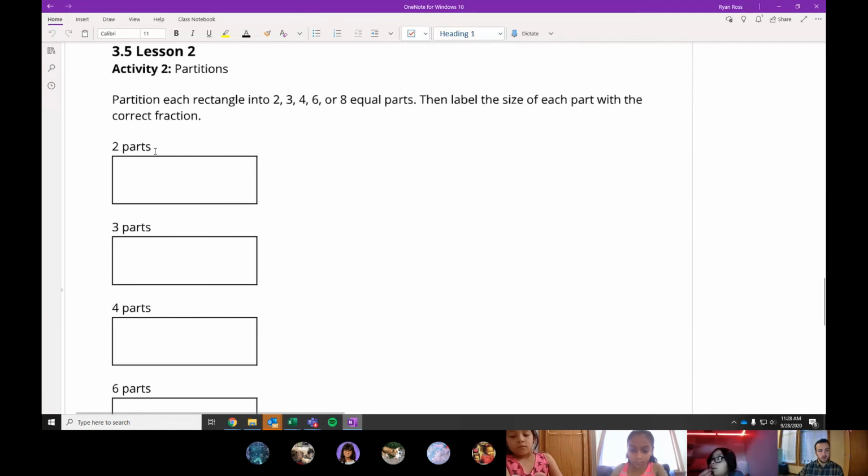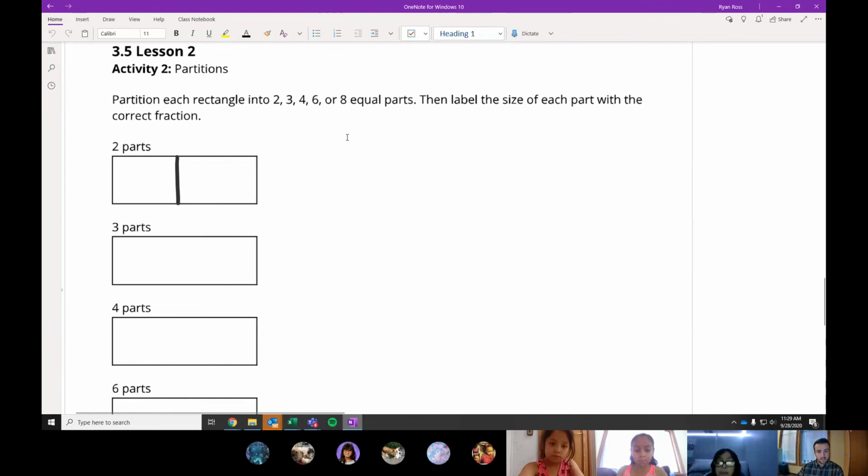If I were to cut this first rectangle into 2 parts, where would I need to draw my line? Camila? In the middle, like this? Yeah, like that. Okay, thank you.